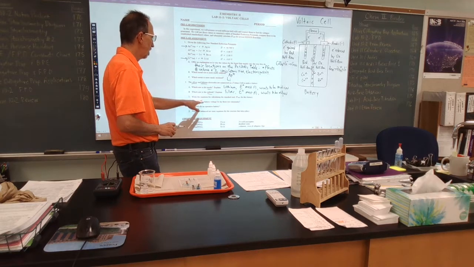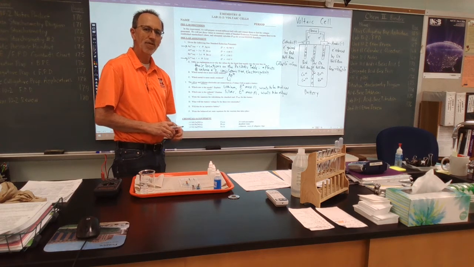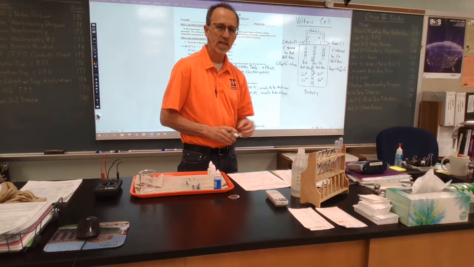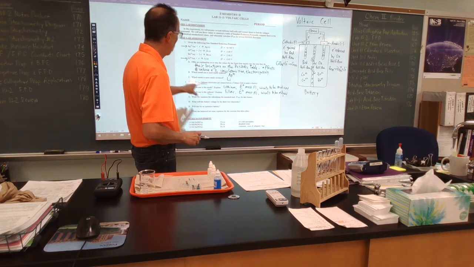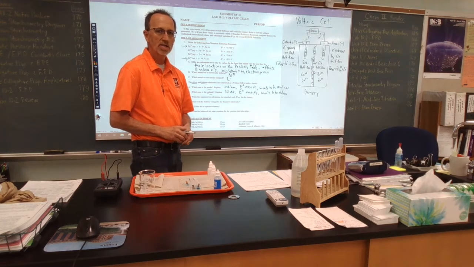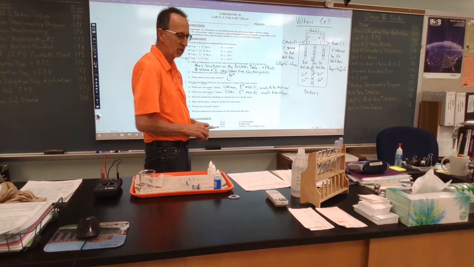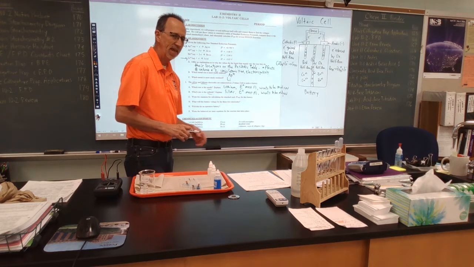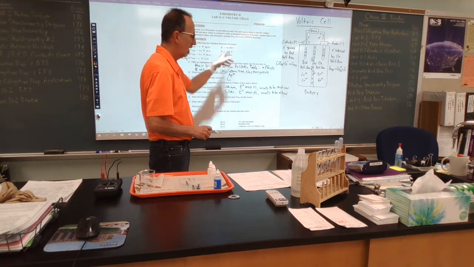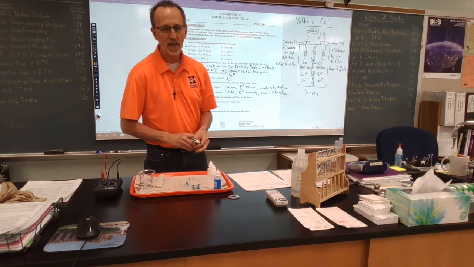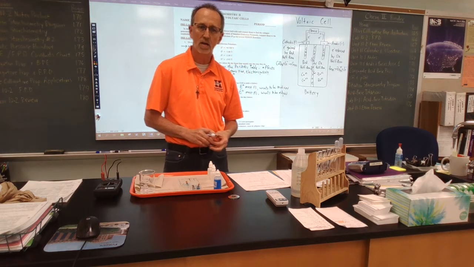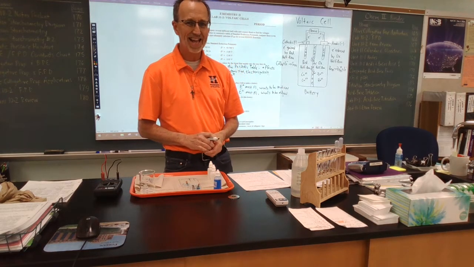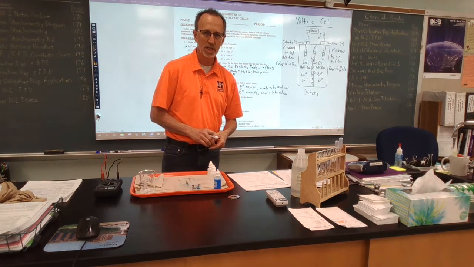So set up your two half reactions. Remember, reduction occurs at the cathode, oxidation occurs at the anode. We know which one goes which now. So set up your two half reactions accordingly. And then given the values of E that we're working with, remember we calculate E cell by taking E reduction cathode minus E reduction anode.